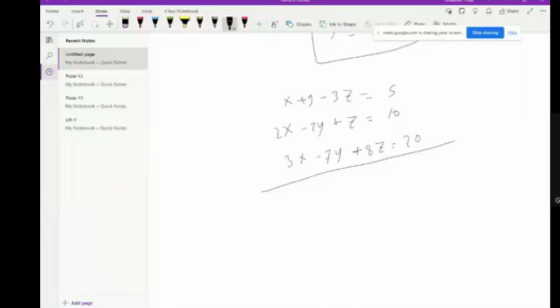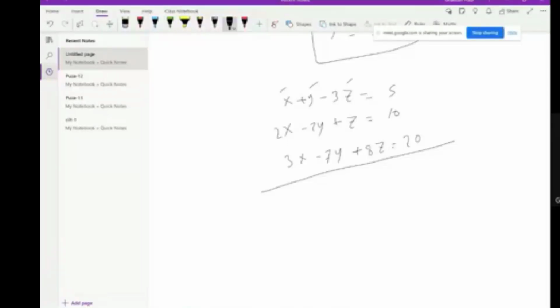Now it's more difficult, because we have three variables, z, y, x, and we need more time to solve it.